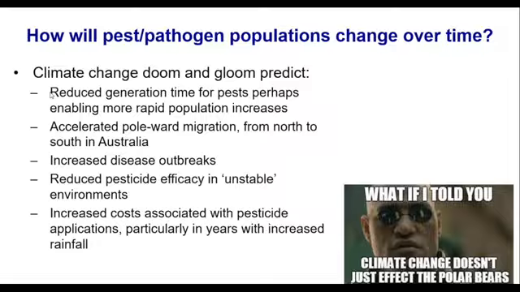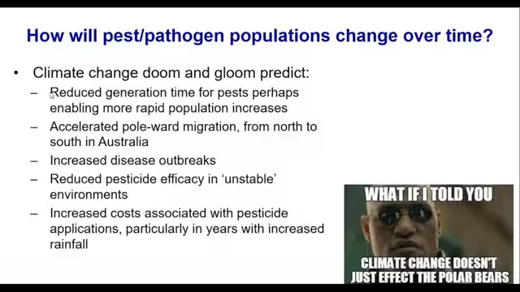There are predictions of a poleward migration, so for Australia from north to south, and increasing distributions. There are predictions of increased disease outbreaks and reduced pesticide efficacy in unstable environments. This is because there are more extreme weather events.